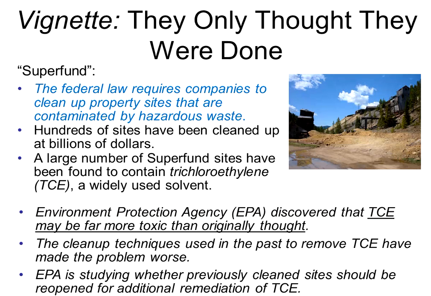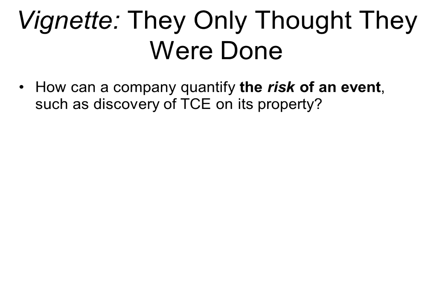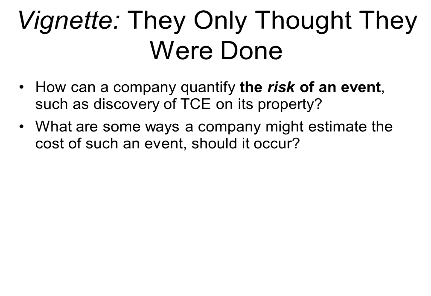EPA is studying whether previously cleaned sites should be reopened for additional remediation of TCE. How can a company quantify the risk of an event such as discovery of TCE on its property? What are some ways a company might estimate the cost of such an event should it occur?